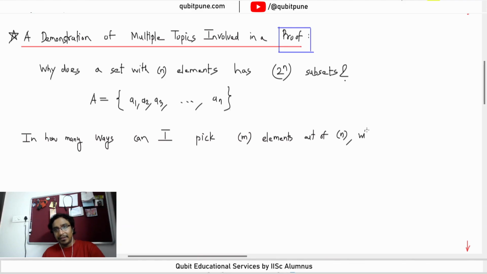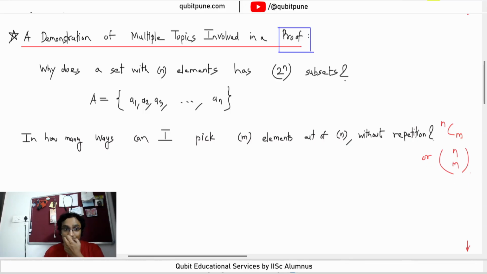Of course, without repetition, because in set theory, even if 2 comes twice, we do not consider it twice. We just consider it once. Now you might be knowing the answer to this question. The answer is nCm. Is that right? Or in some books they use this notation.